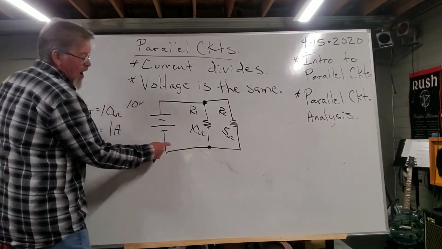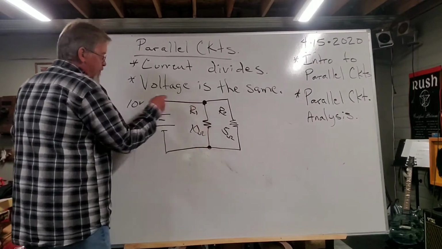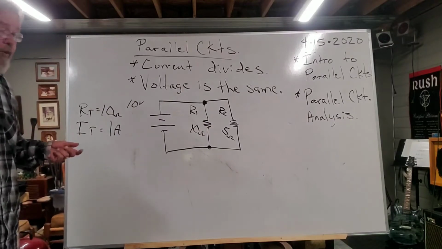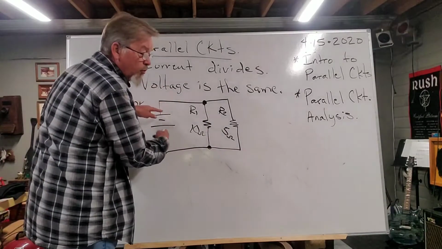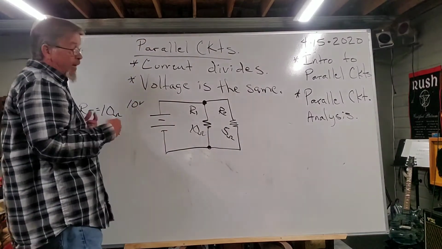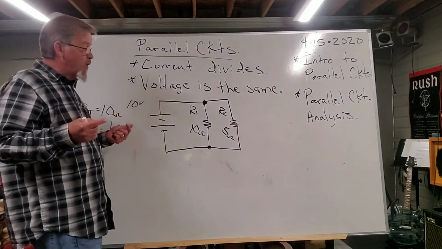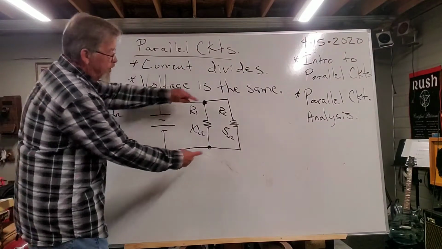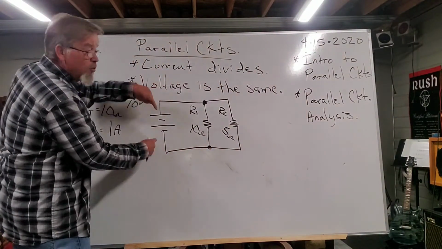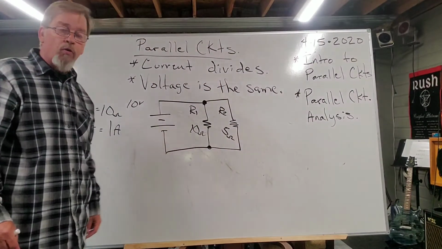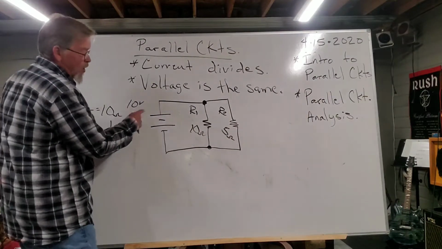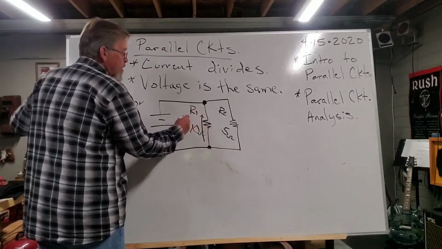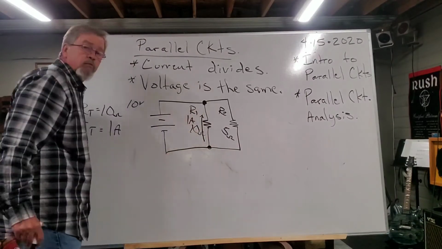Well, do I have the full 10 volts still across R1? Well, yeah, I do. It's hooked directly to the 10 volt source. And the question is do I have the voltage across R2? Got the full 10 volts there too, because R2 is directly connected to that source. So if 10 volts is across 10 ohms, Ohm's law says I still got my 1 amp of current flow.